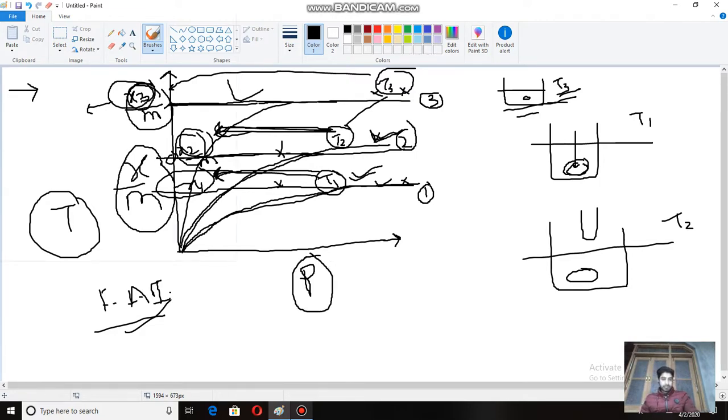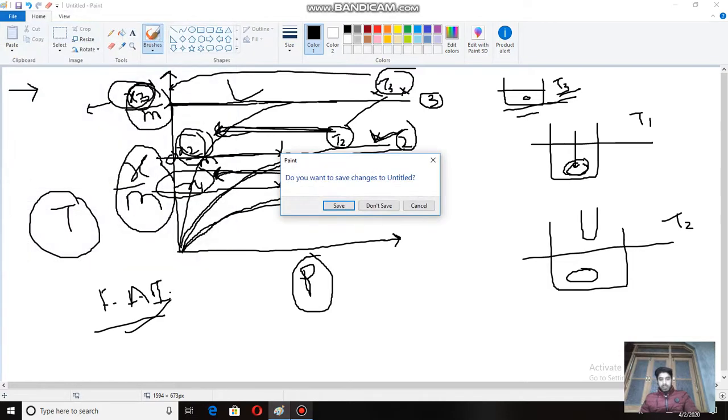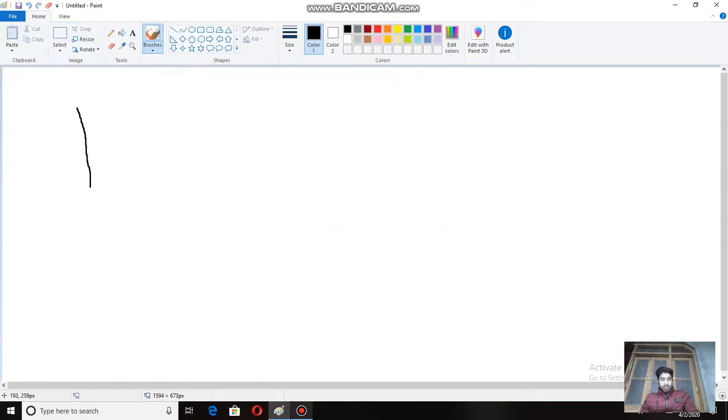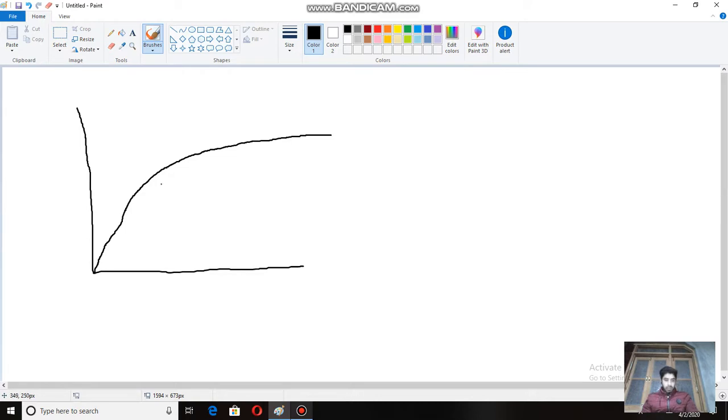Now let's see for a single system only. Look at this graph. It's difficult for me to make it, so let's divide this graph into 3 parts: 1, 2, and after that 3. This is the first part, this is the second part, and this is the third part.